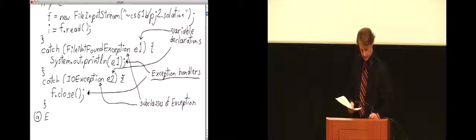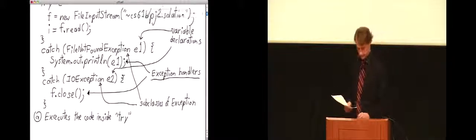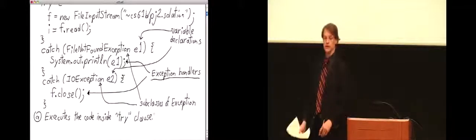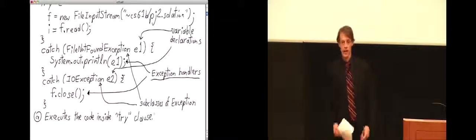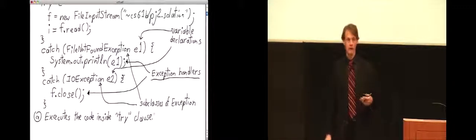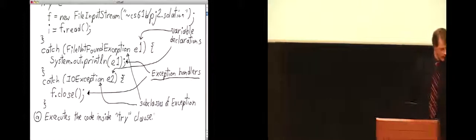The first thing this code does is it executes the code inside the try clause. And if all goes well, that code works and doesn't throw any exceptions, and we're happy. And if that happens, then Java skips the catch clauses. Java doesn't even look at the catch clauses if an exception doesn't get thrown in the try clause.